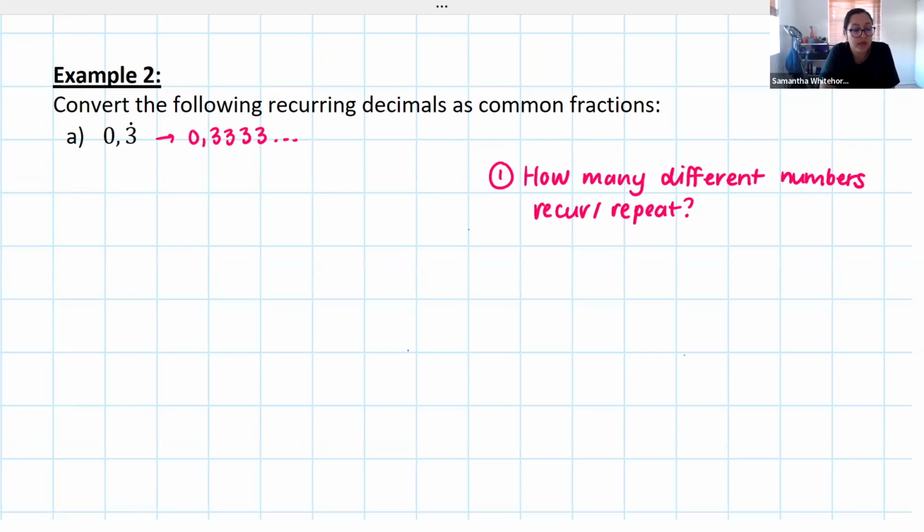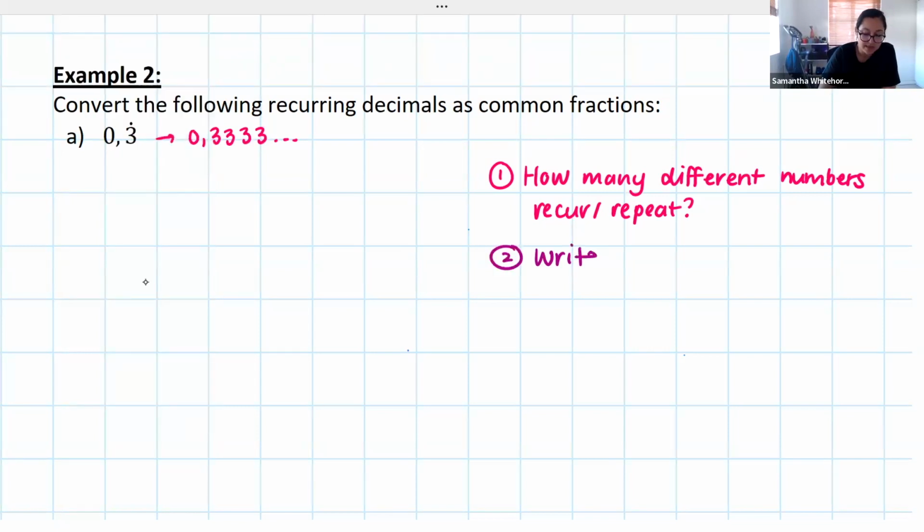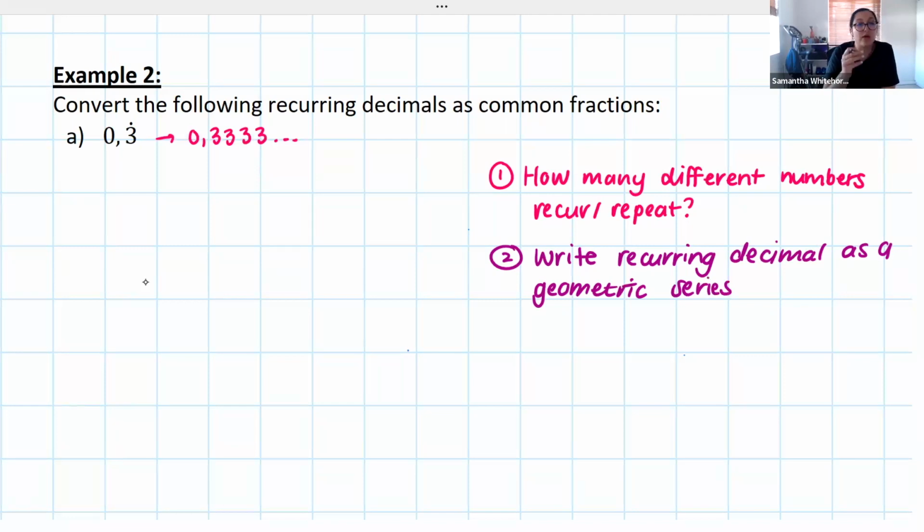What we now want to do as our second step is write our recurring decimal as a series. It does go back to what you learned in grade 10, in that we are going to use factors of 10 in order to write it as a series.